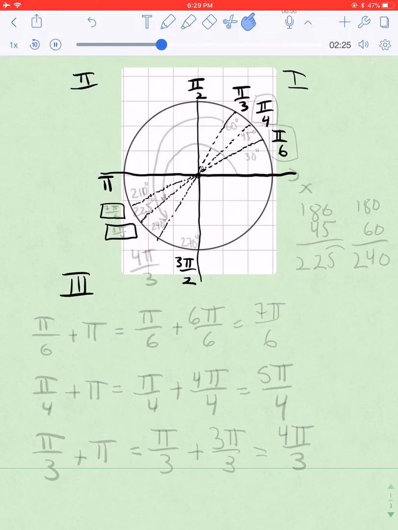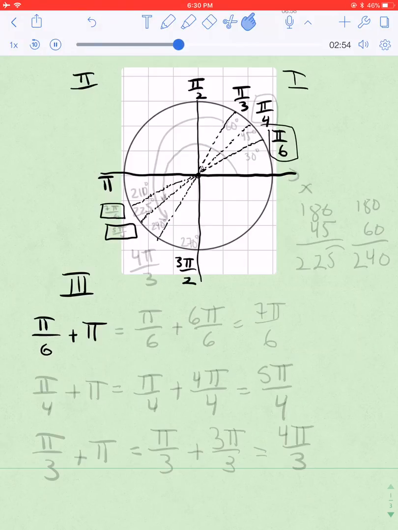All right? And so now we think about it. The first angle, pi over 6. We start with pi over 6, and we're going to add to it pi. So to get the stuff in the second quadrant, we added pi over 2, 90 degrees. Now we're adding a full 180, aka pi radians.